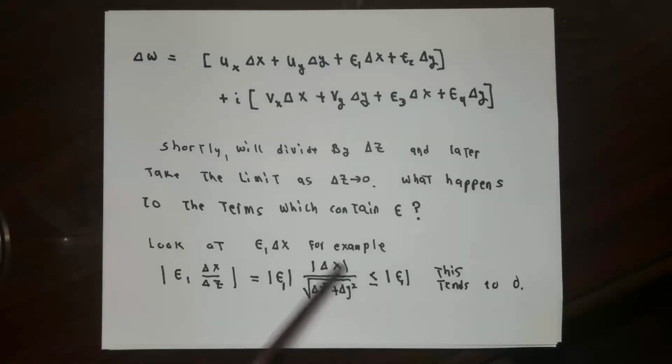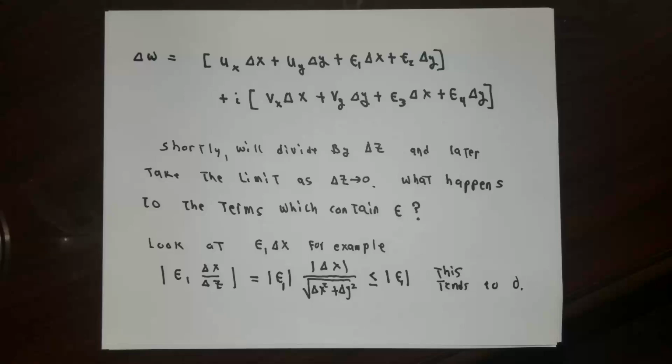In this fraction, the number in the denominator is at least as big as the number in the numerator, so this quantity is no bigger than the absolute value of epsilon 1. That number tends to 0 as delta z tends to 0.